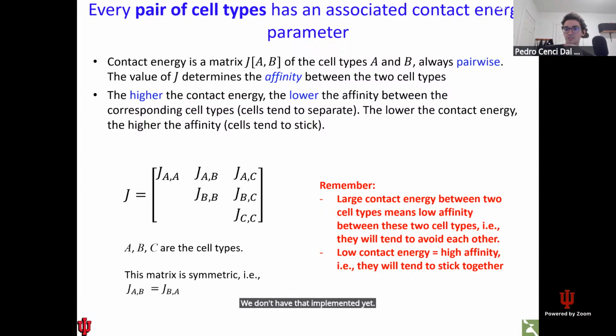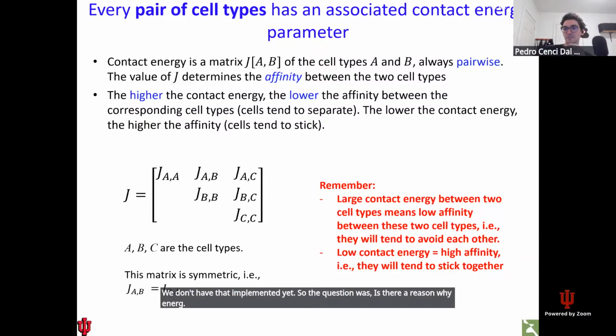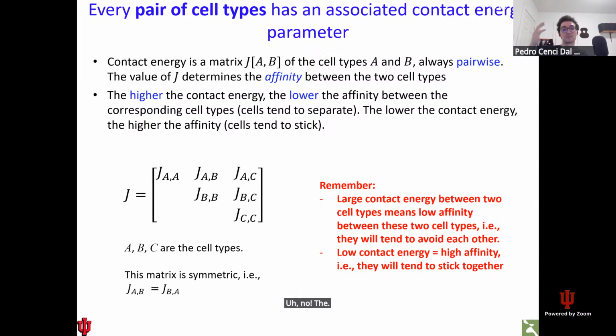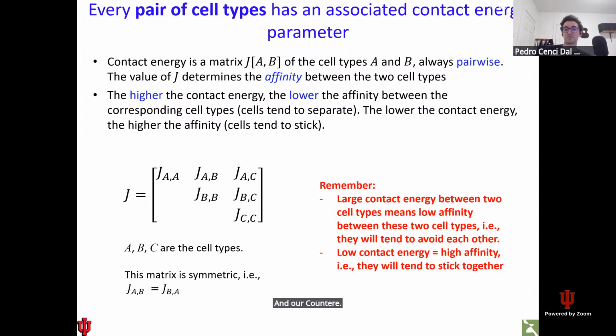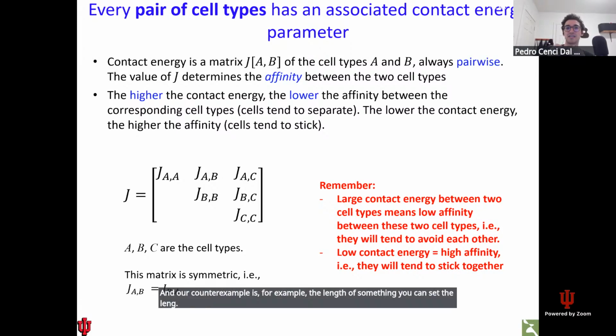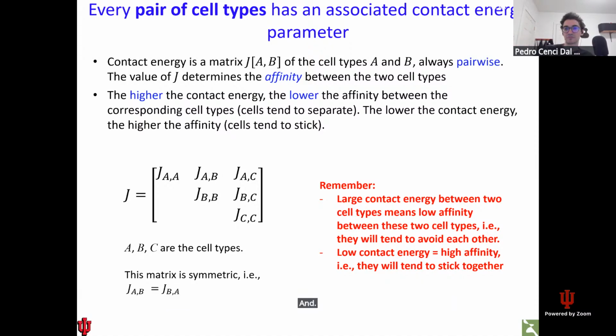So the question was, is there a reason why energy related to length, like contact energy, is linear, and energy related to areas is quadratic? No, it's because one is a constraint, so you want a variable close to a target, and you use quadratic for that. A counter example is the length of a cell or the aspect ratio, which is something linear, and you also use a quadratic formula for that.